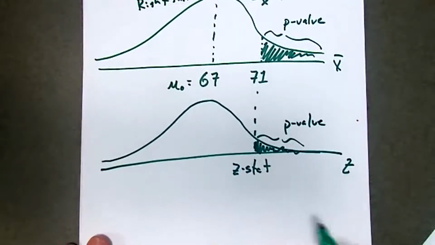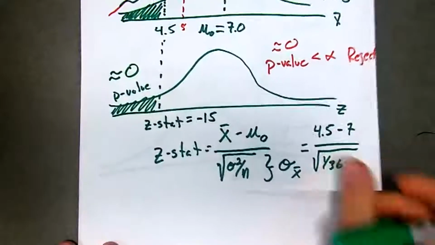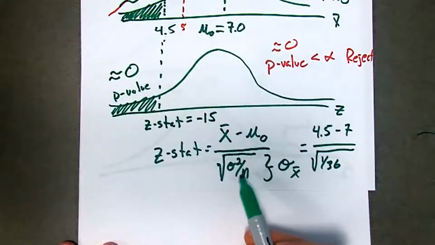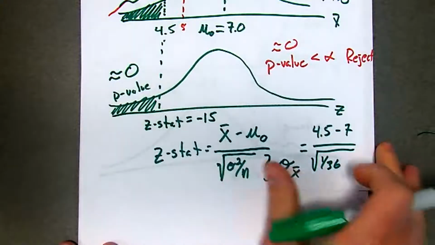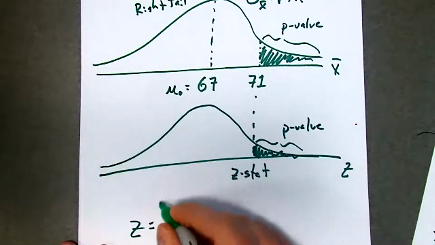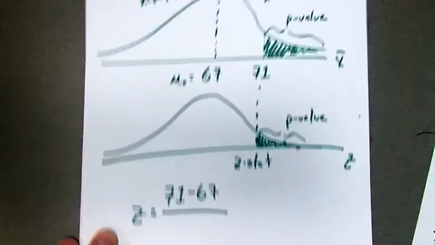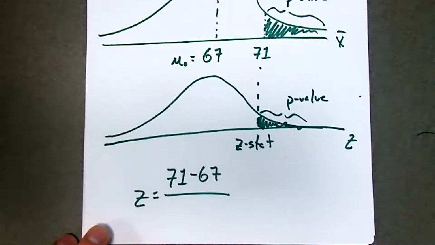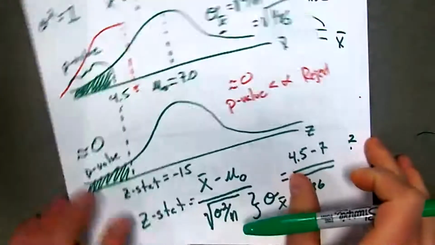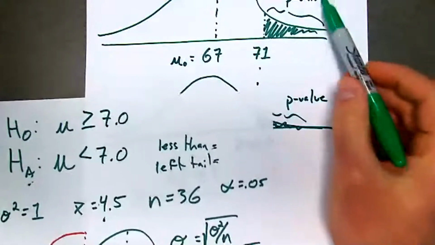So how do I do that? Well, we had the equation already right here. All I'm going to do is plug in my sample mean minus that assumed true mean, so 71 minus 67. And I'm dividing by the standard deviation of my sample means, which I've already calculated.